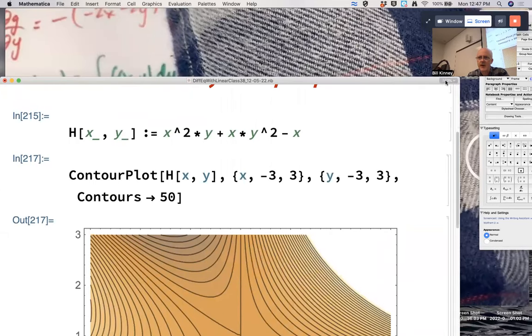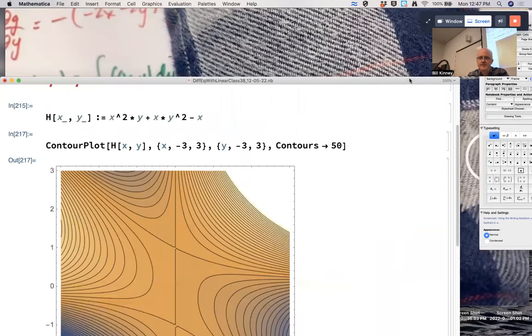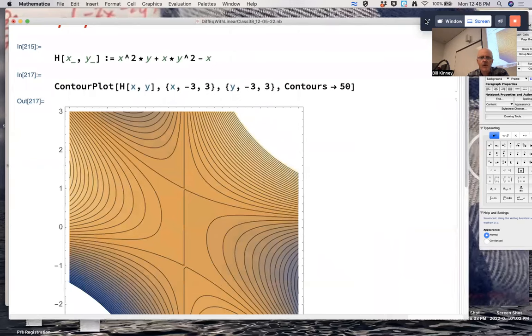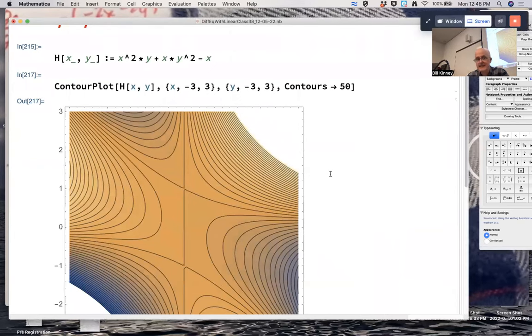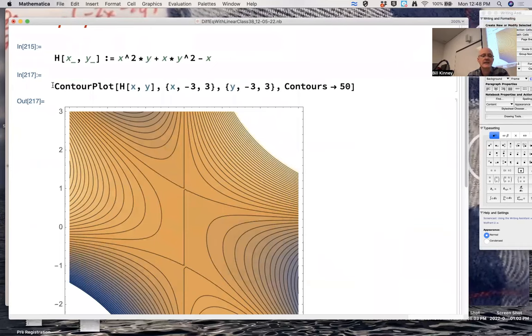To relate it to differential equations, you need to draw arrows on top of these things. These become solution curves for the Hamiltonian system when the arrows are drawn in the right directions, which you can think about by thinking about nullclines, the usual kind of stuff, signs of dx/dt and dy/dt.